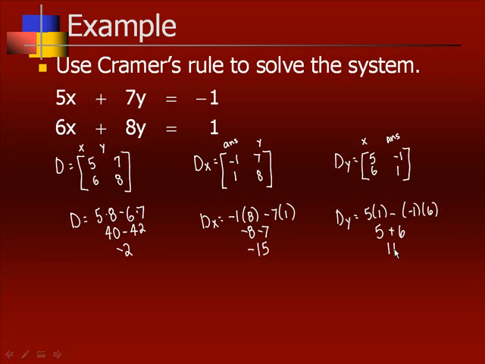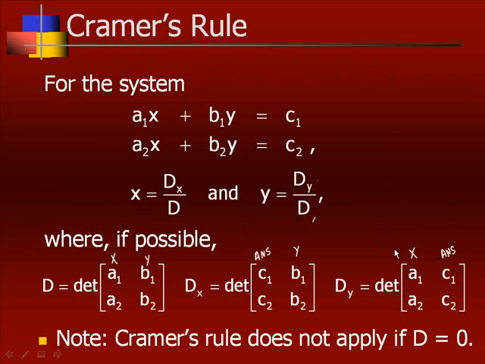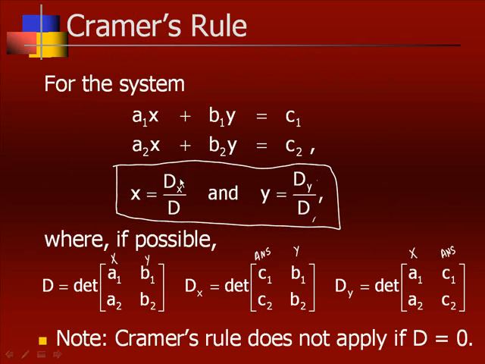Now, I forgot to tell you on that earlier screen. Let me back up. Once you find D, dx, and dy, this is how you're actually going to solve the system. The way you find x is you divide dx by d, and the way you find y is by doing dy over d.